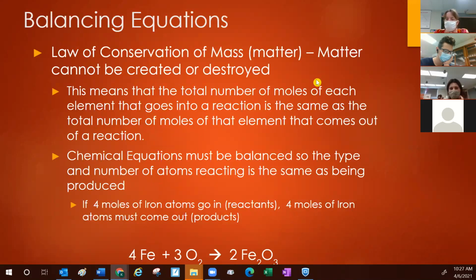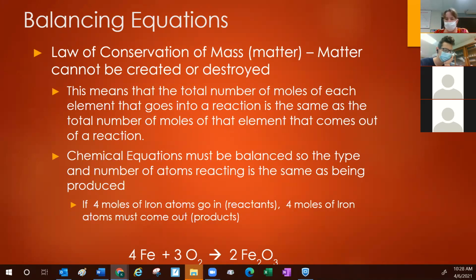When we do a chemical reaction, when we take chemicals and combine them, they're going to produce something new, but you cannot lose or gain matter in the process, meaning you simply can't have atoms disappear and you can't have atoms appear from nowhere.